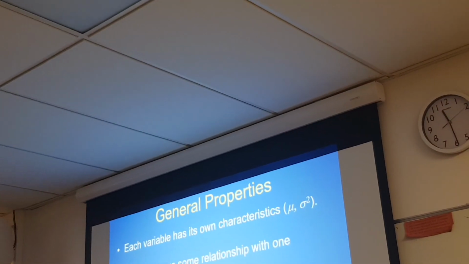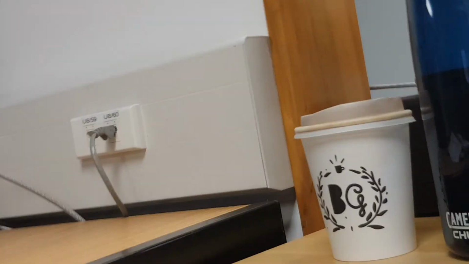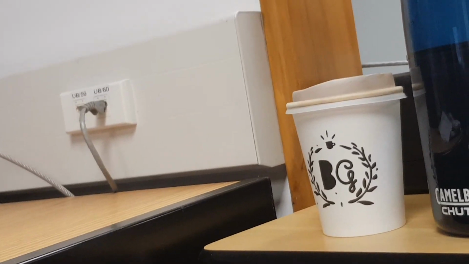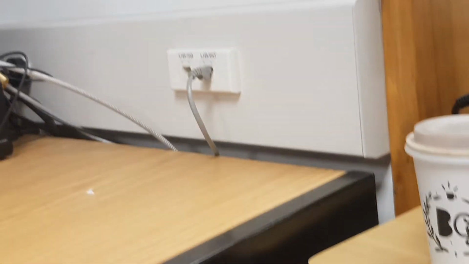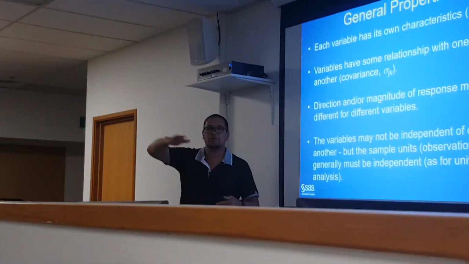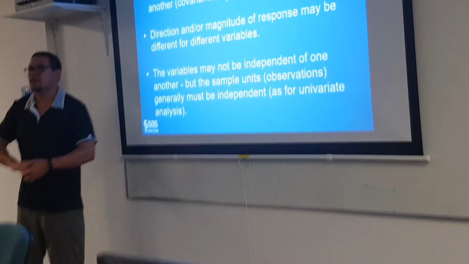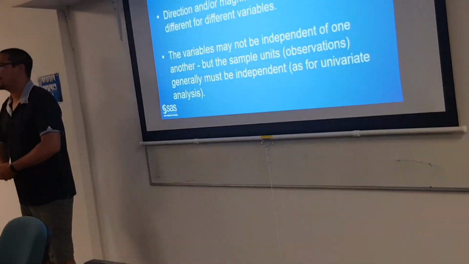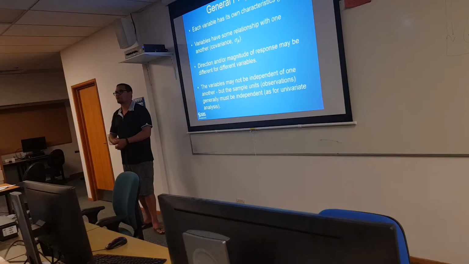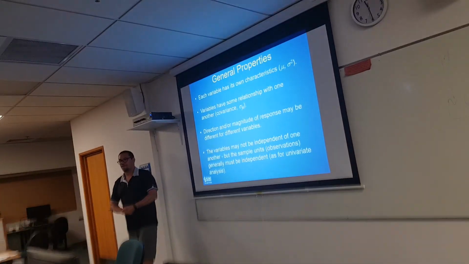And obviously, as a consequence, the variables may not be independent of one another. But what we're saying is the columns of y, they may vary with one another, right? That's why we have the covariance. But the samples in themselves, they should be independent of one another, right? If they're not, then we have problems with our inferences.